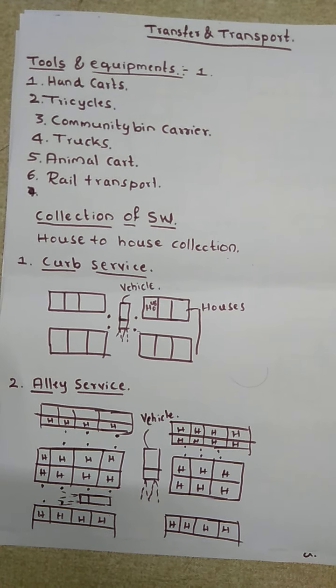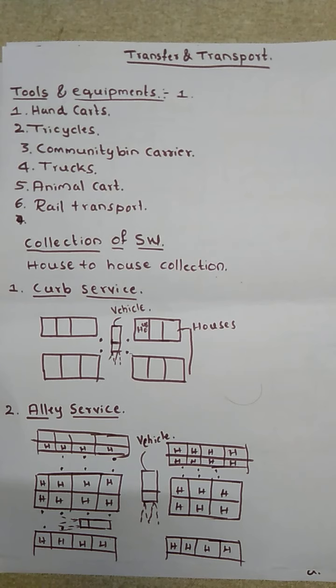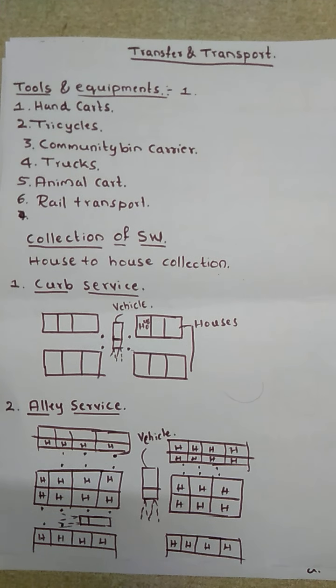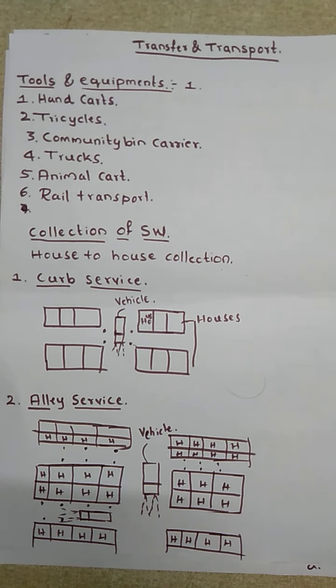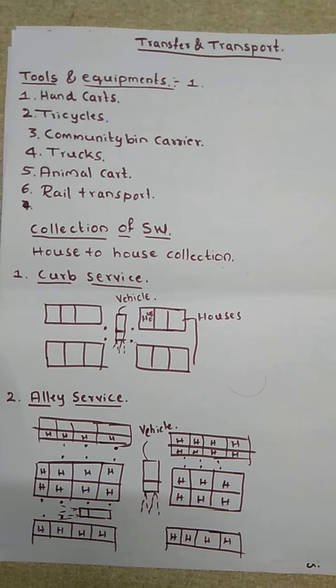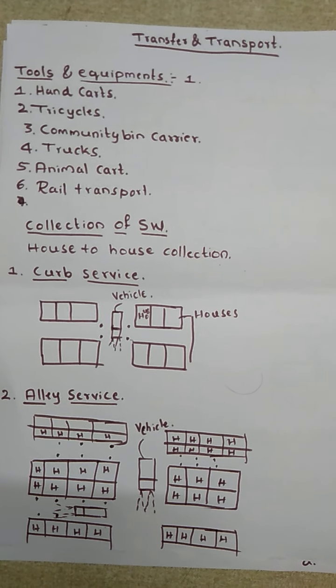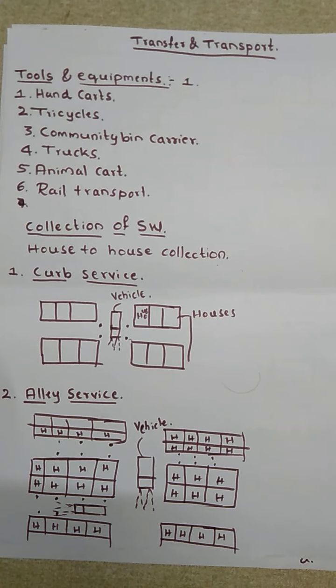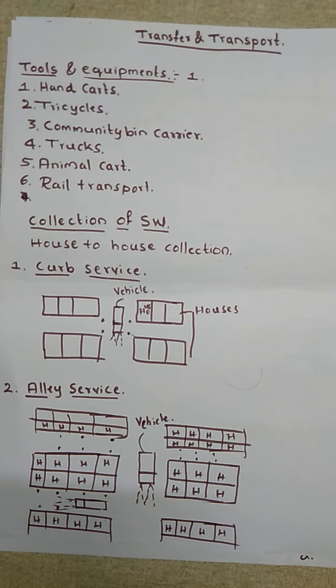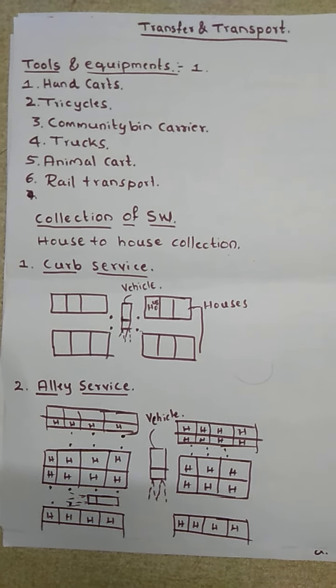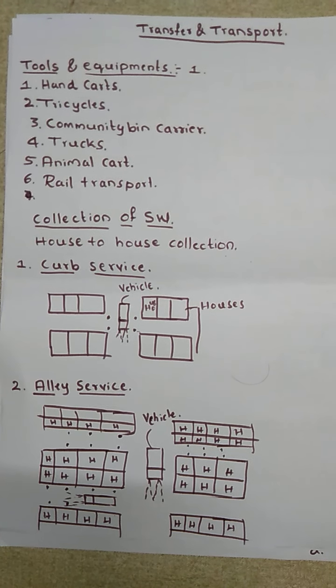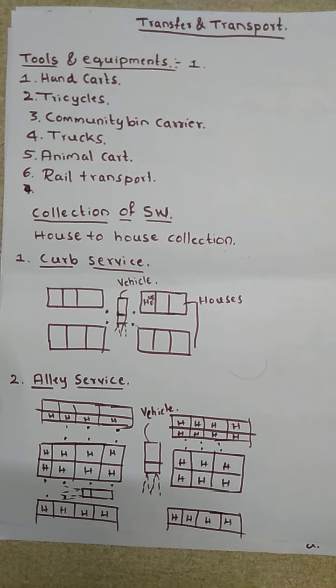In this we will be covering the collection point, then collection of solid waste, different services, then equipments, then transportation. In that we will be seeing the transfer and transport, need of transfer operation, then transfer station, transport means, then route optimization. This is what we will be seeing in the second part.